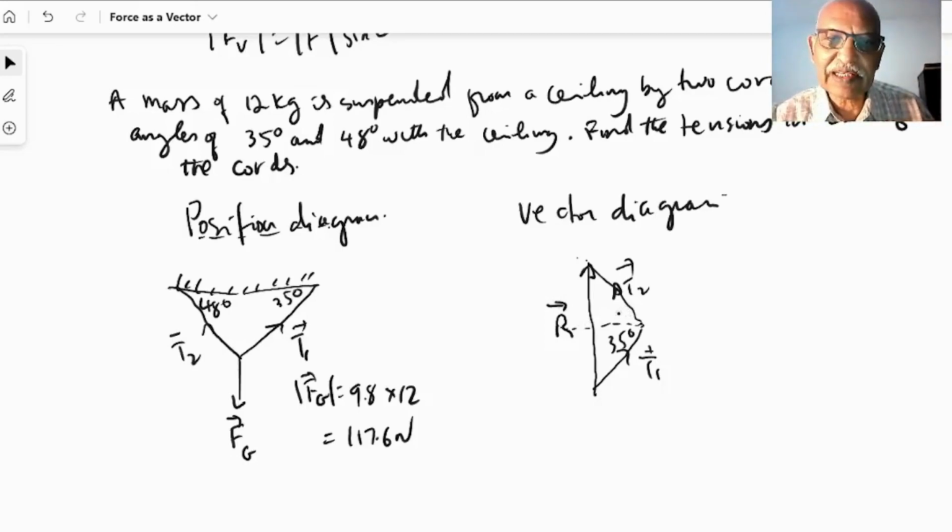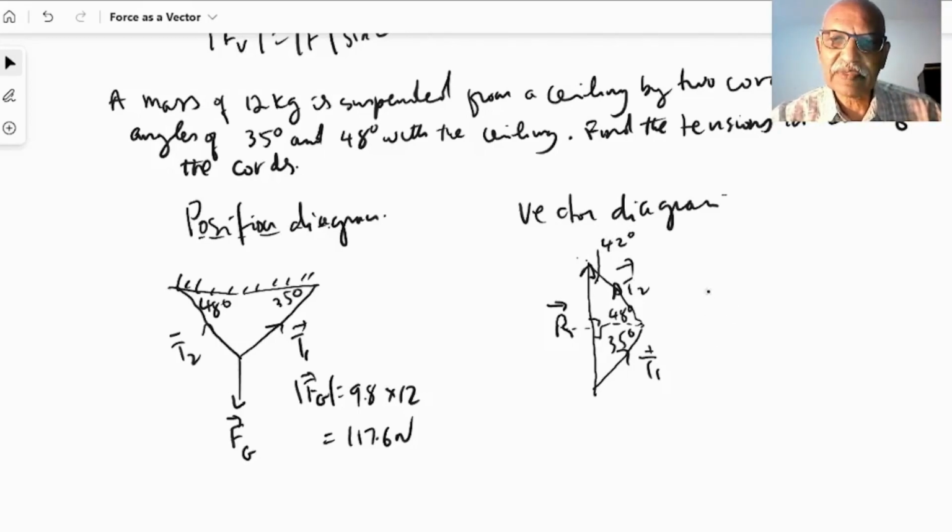So this angle is 48 degrees. So we'd like to find now T1 and T2. If I want to find T1, this is opposite, so I need this angle here. Since this is 90 degrees, because it's a ceiling, this angle will be 42 degrees.